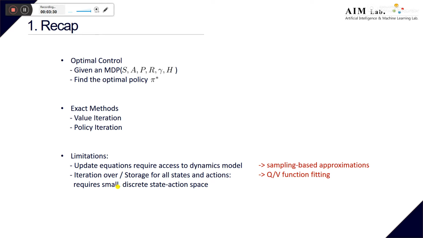And there's another underlying assumption, which is that the total number of states and actions cannot be too large, because we store whole Q values or entire policies in one table. Sample-based approximations and Q and V function fitting solve those limitations.